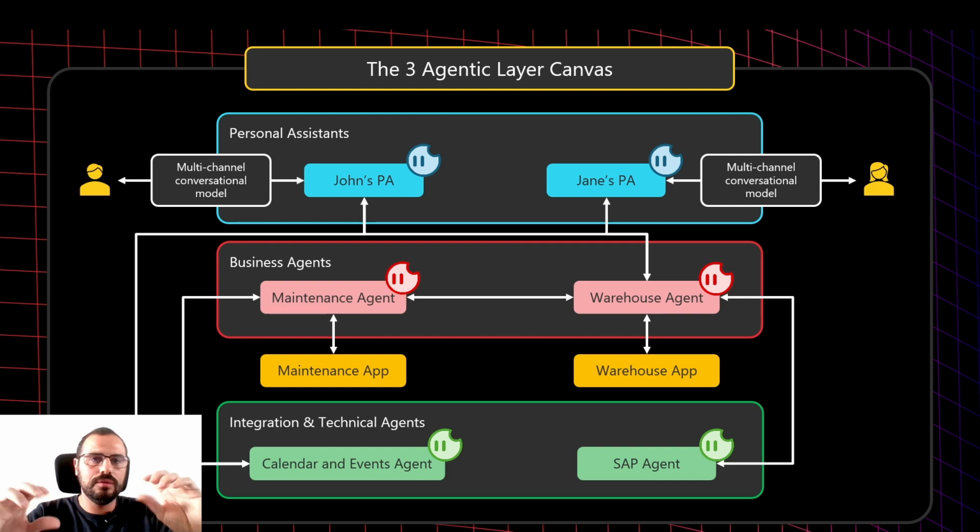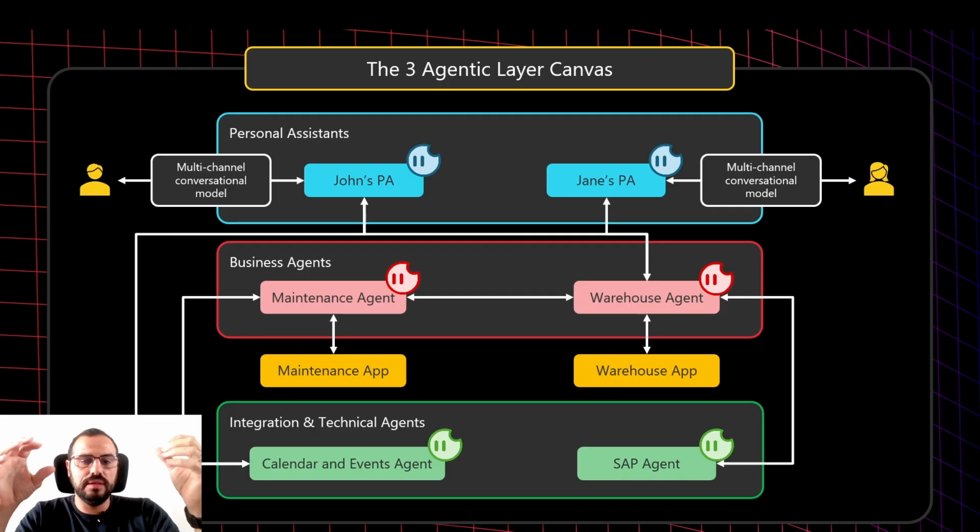The second layer is what I call the business agents. So in this case, yes, now we are talking about agents that are really specialized in the domain that they are responsible for. In the previous example, I talked to you guys about the ERP, the HR, and the CRM. So there would be an agent for each one of them. But doing already the bridge to the use case or the demo that you guys saw, we would have a maintenance app and a warehouse app.